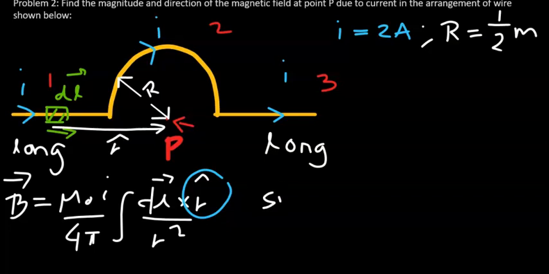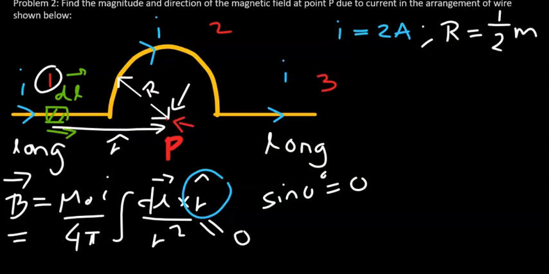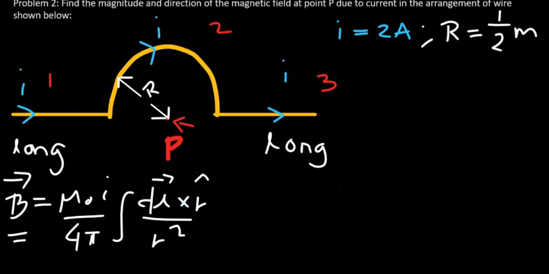So sine 0 is 0. So the entire integrand goes to 0. So there is no contribution to the magnetic field coming from segment 1 at this point. Now let's look at segment 3.